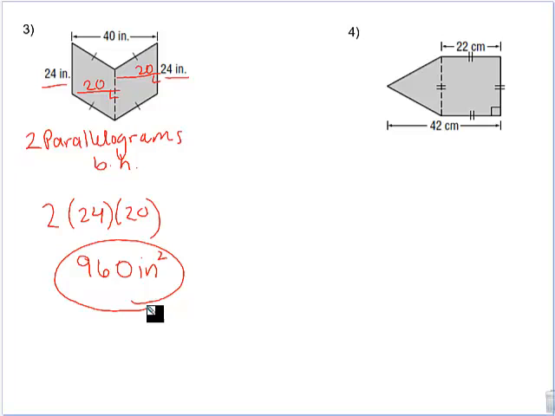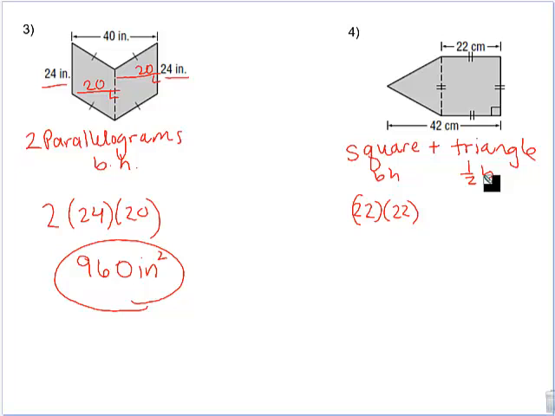Do them separately, so find the area of the square and then find the area of the triangle and add them together. Okay, so first let's focus on the square. How do we find the area of this square? 22. Yep, 22 times 22, base times height.